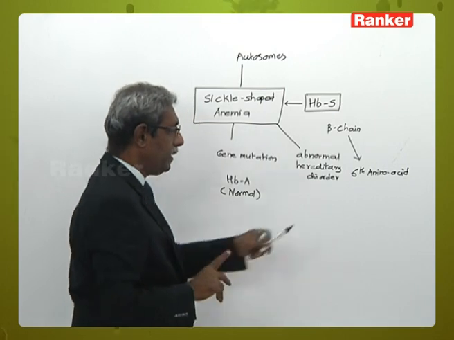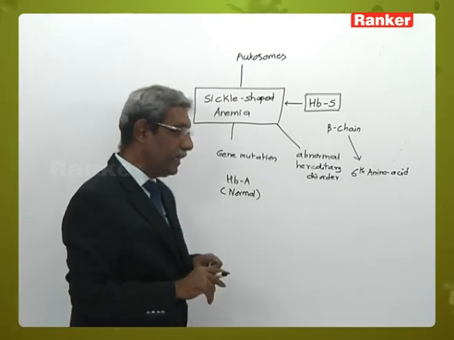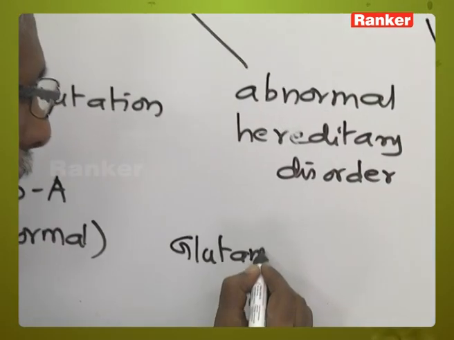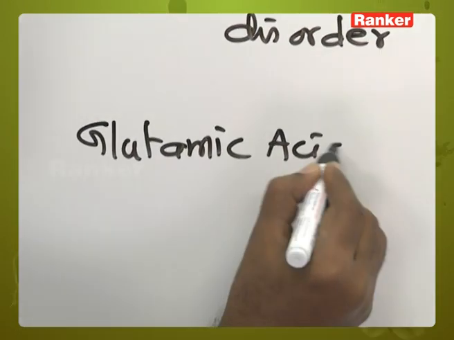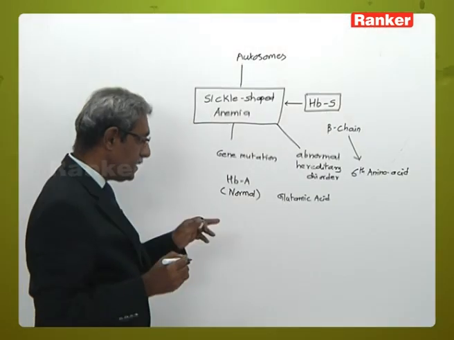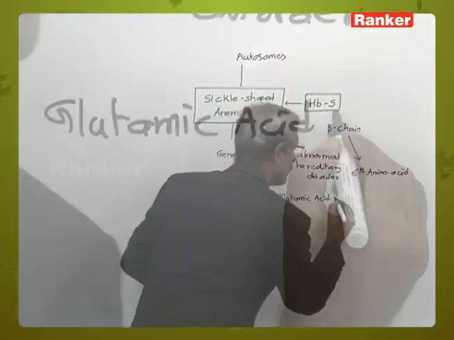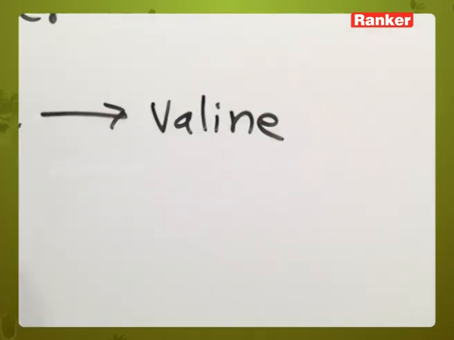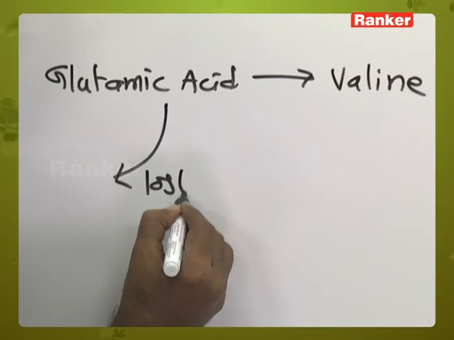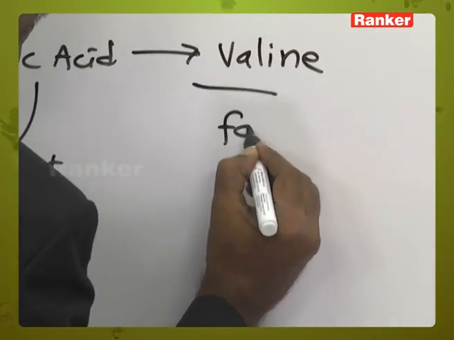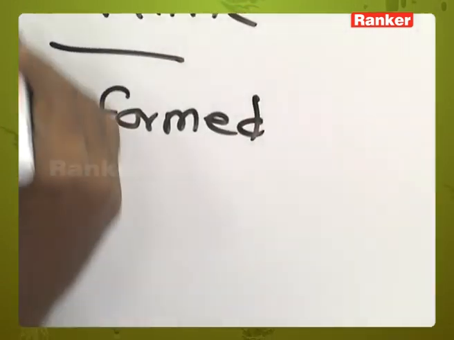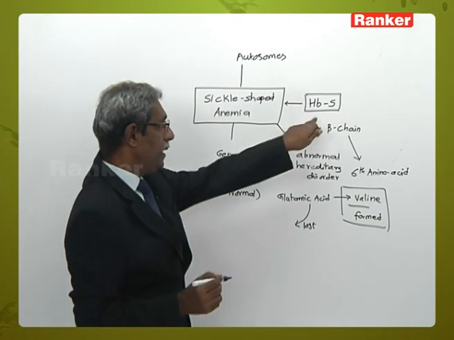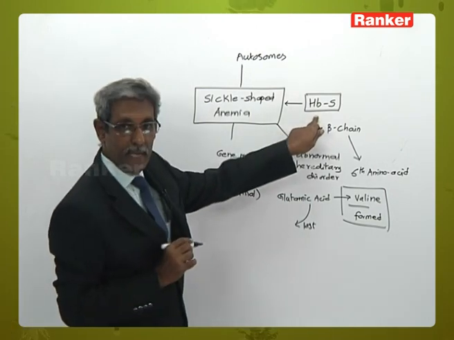In the beta chain, on the 6th amino acid, there is a change: glutamic acid is replaced by valine. That is, glutamic acid is lost and valine is formed. So the presence of valine is a very important event in the formation of HbS.